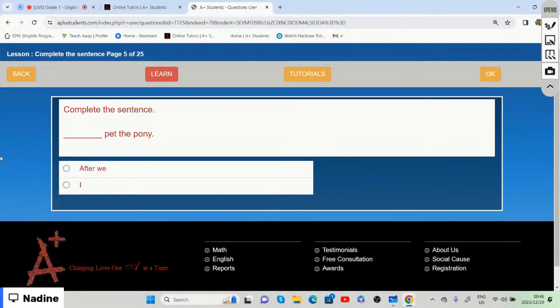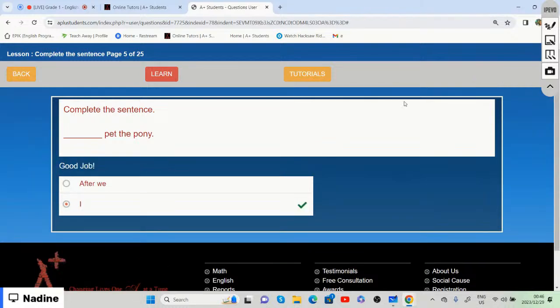All right, to show the complete sentence, we can say I picked the pony because I being the naming part, picked being the action part.